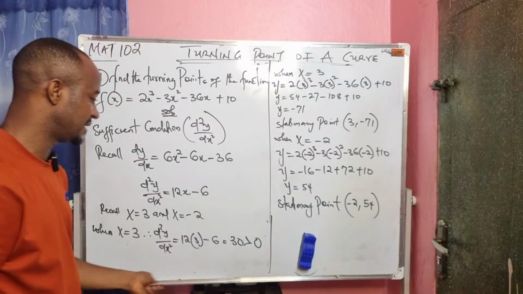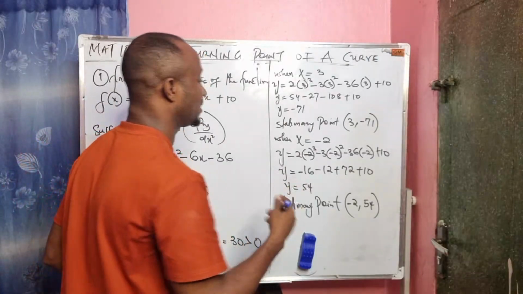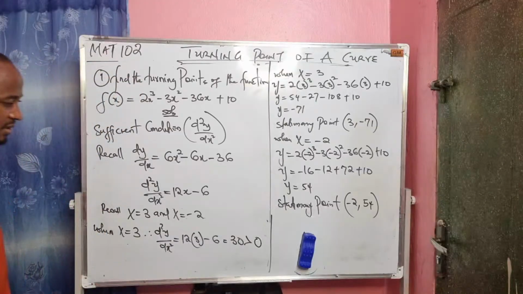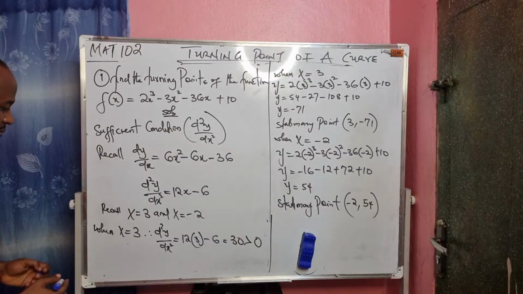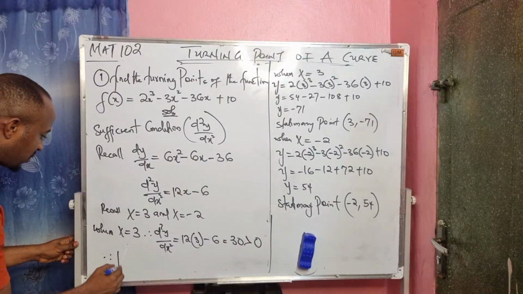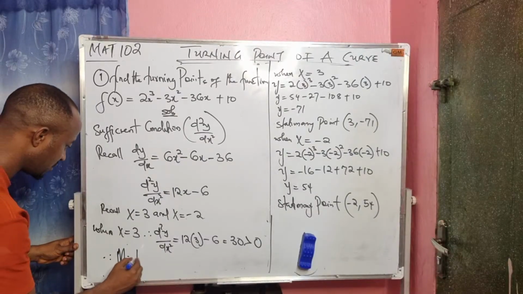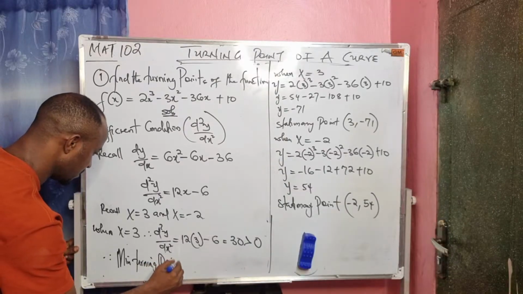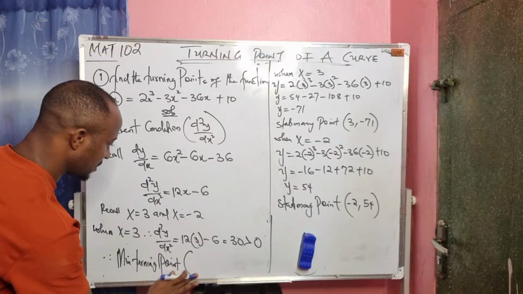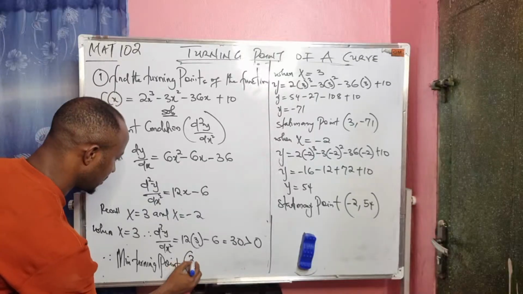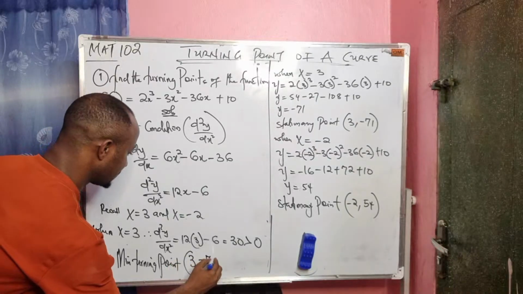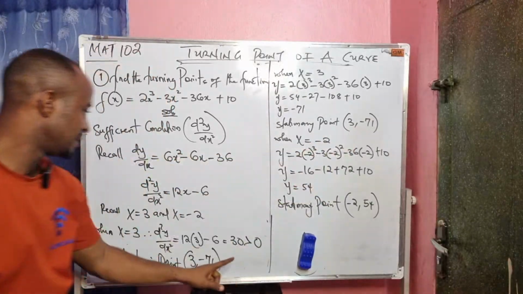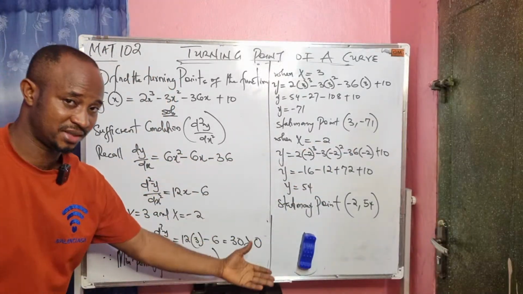Definitely minimum, right? When the second derivative is greater than 0, it means it is a minimum turning point. Therefore, the minimum turning point occurs at 3, minus 71. Why do we have to choose it? Because it is this 3 that gave us 30 that is greater than 0.